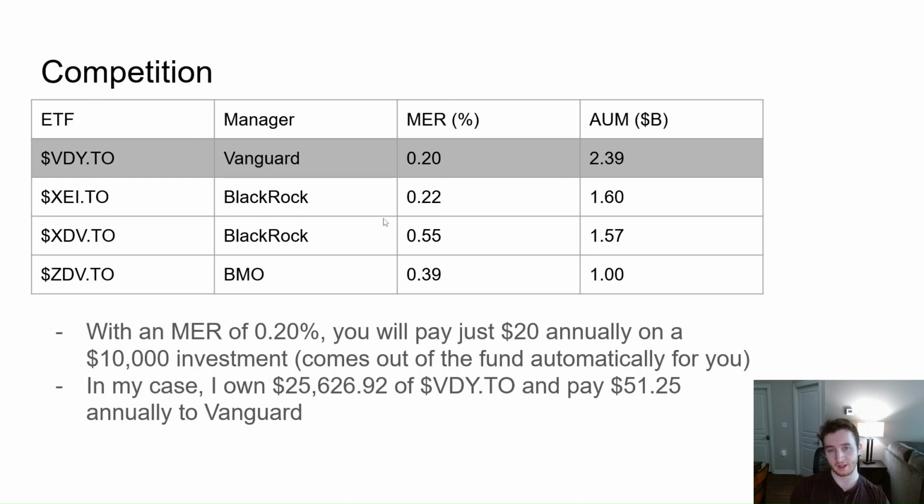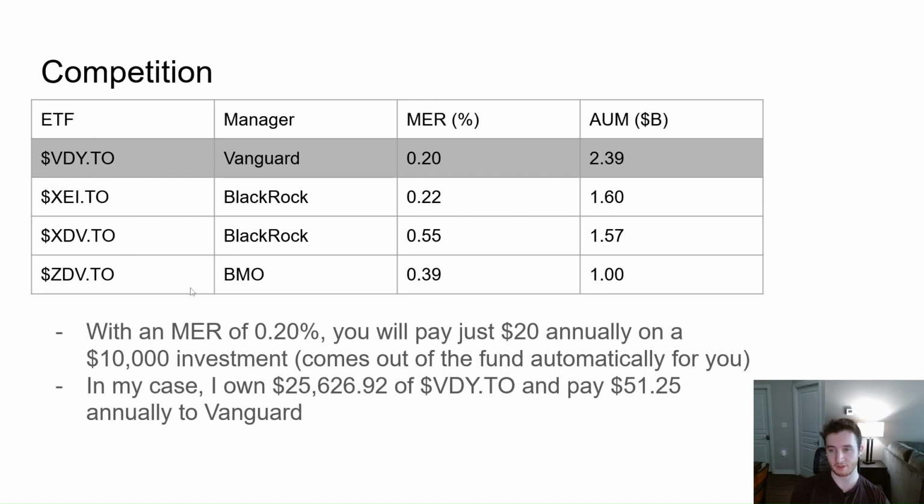And this is the one that usually most people compare to VDY, and there's lots of debates on which one is better, but we'll get into that. It has a slightly higher MER, and then you have XDV from BlackRock and ZDV from BMO, which are its next two closest competitors in my opinion.